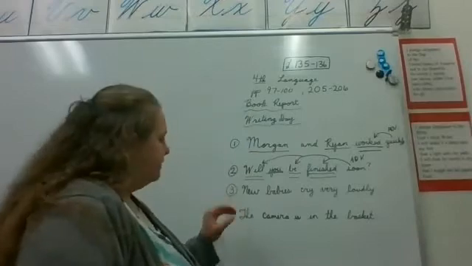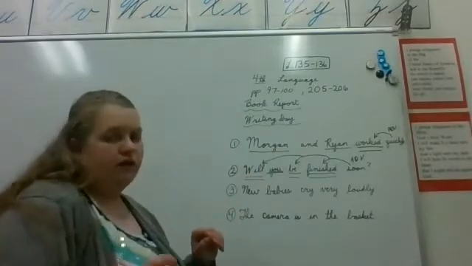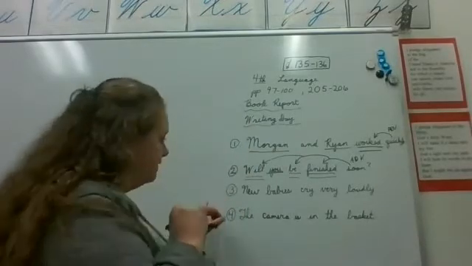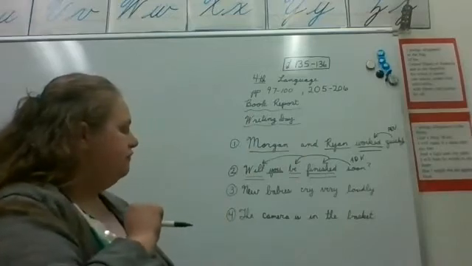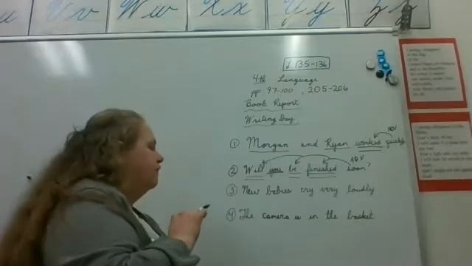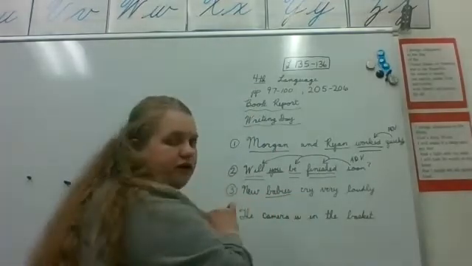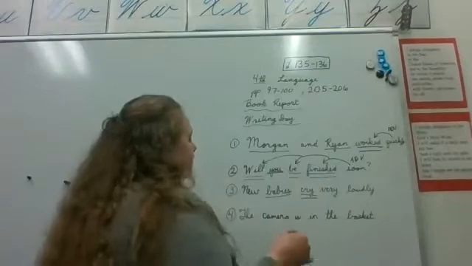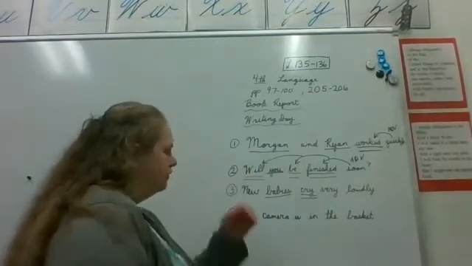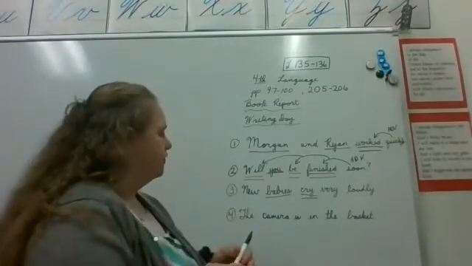Here we've got: new babies cry very loudly. What is our subject and verb in this sentence? All right, so babies would be our subject and cry would be our verb. What about these other words?